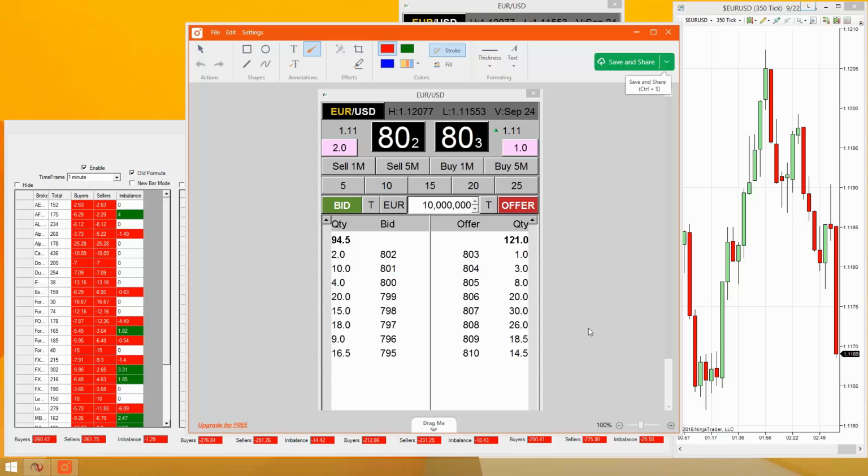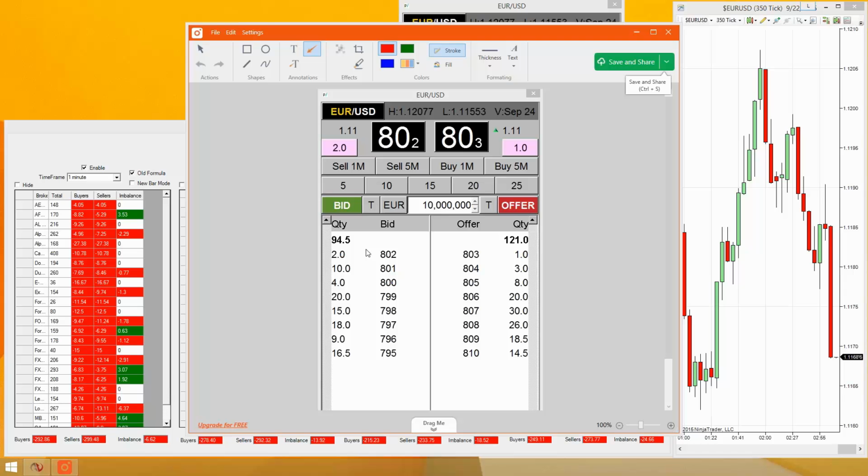Alright, sorry about that. Let's go back to the screen. What you see first on the top is the total amount of volume available on the bid, and on the right side is the total amount of volume available at the offer.